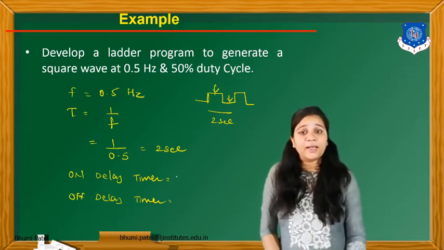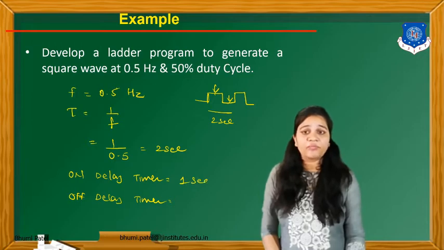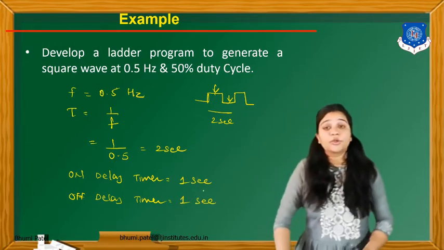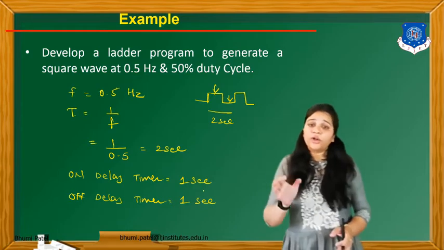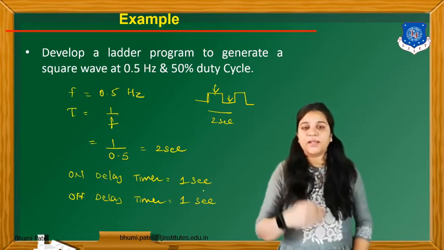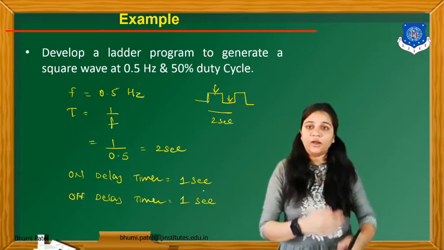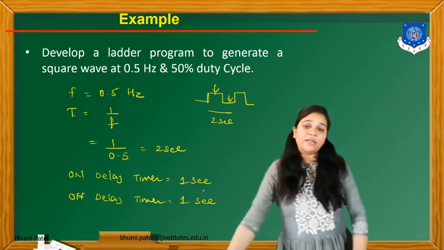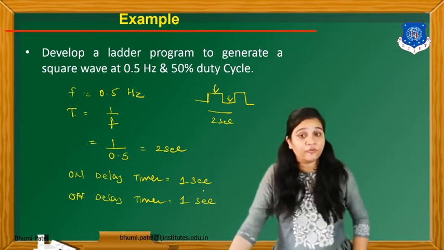The on delay timer is 1 second and the off delay timer is also 1 second. My square wave will be on for 1 second and off for 1 second, again 1 second on, 1 second off. It is a continuous process, so we have to find the value of the on delay and off delay timers.